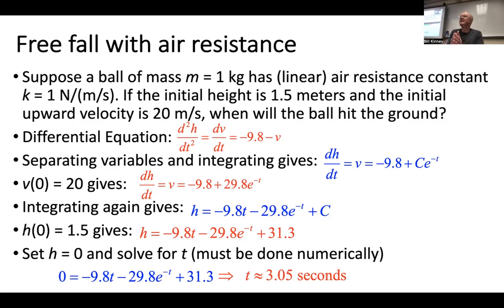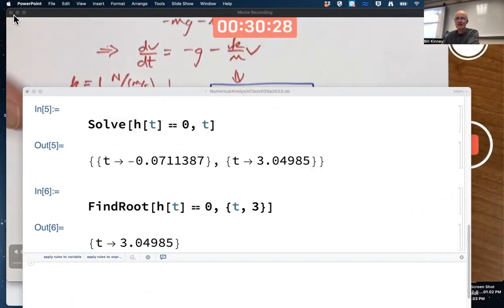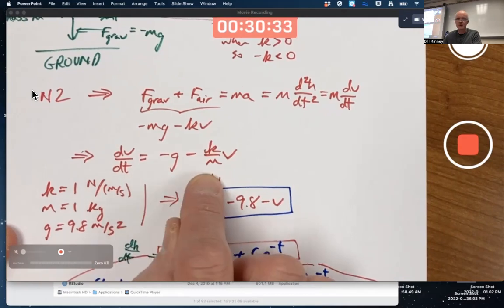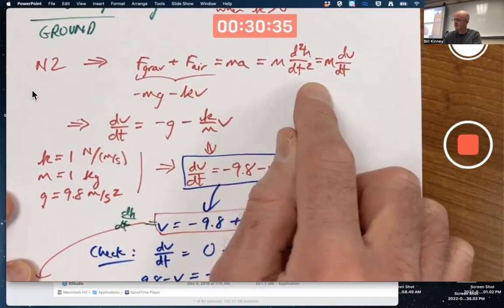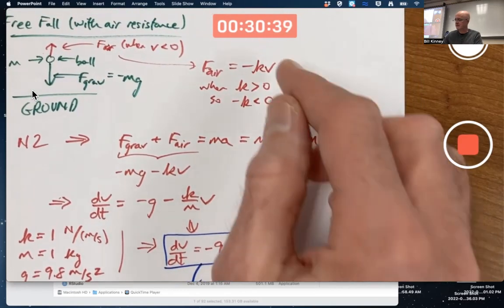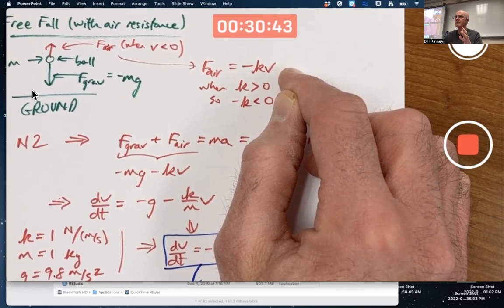And again, is this right for a certain ball or a certain feather or whatever? You'd have to compare with experiment to see if it's right. More fundamentally, if you're wondering whether the model is right, by model, I mean this differential equation, or more particularly this air resistance model, to know whether that's right, you'd want to do lots of experiments.